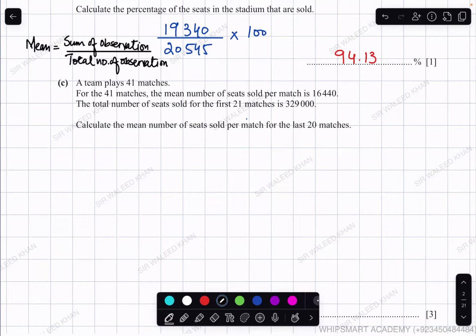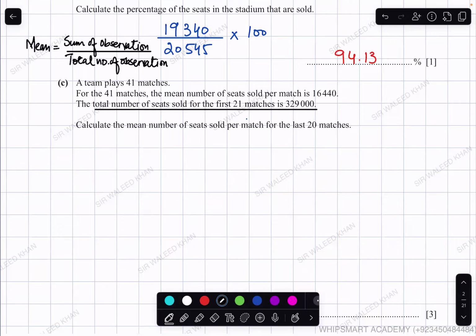If I want to figure out the sum of observations, we have to see if they have given us the total number of seats sold for the first 21 matches. The total number of seats sold for the first 21 matches is this.